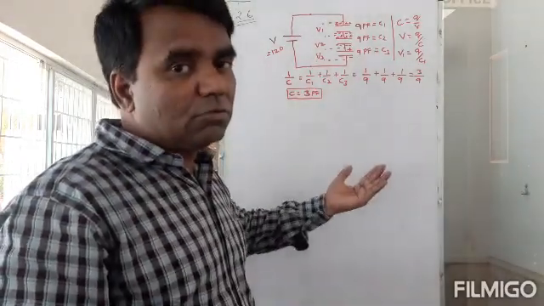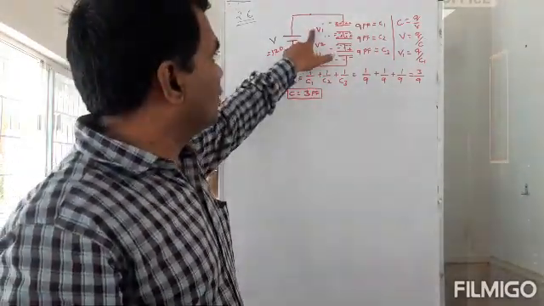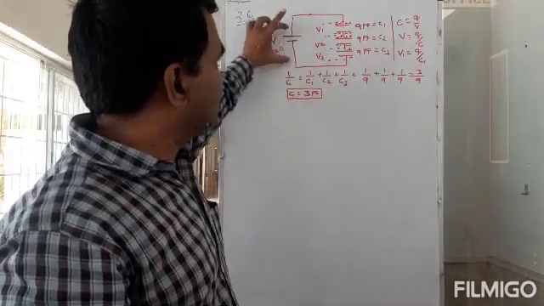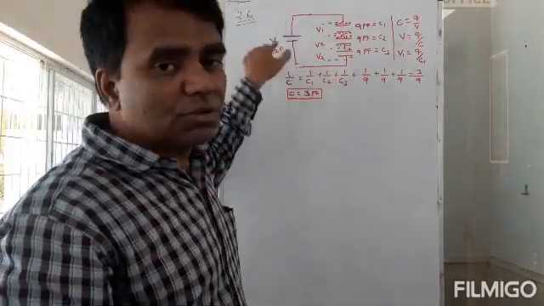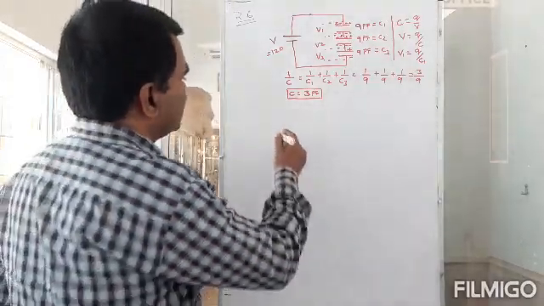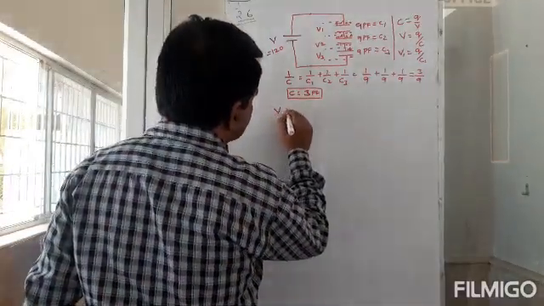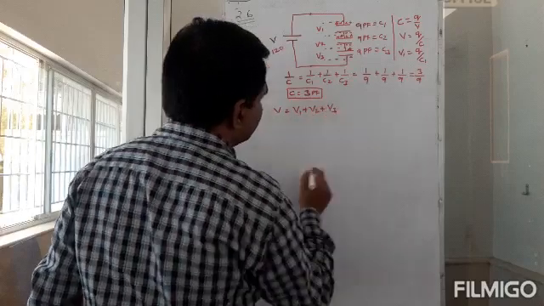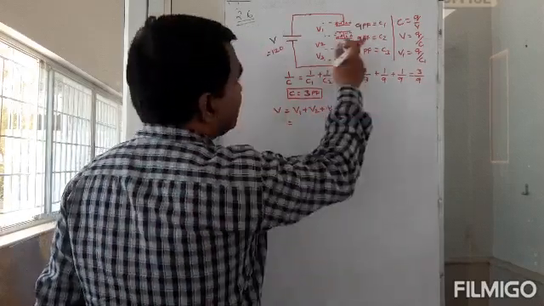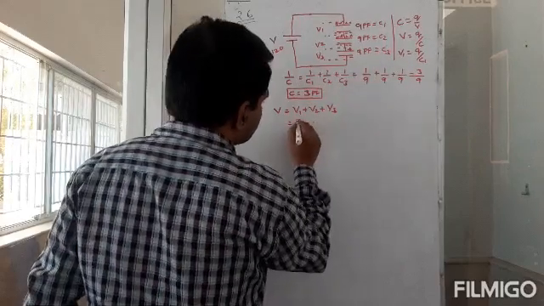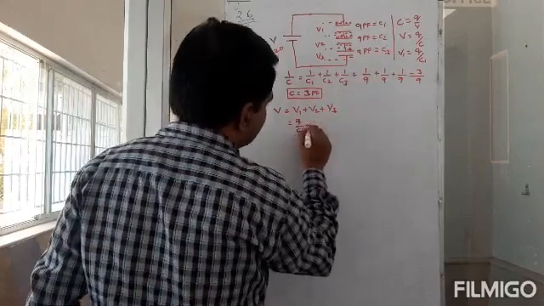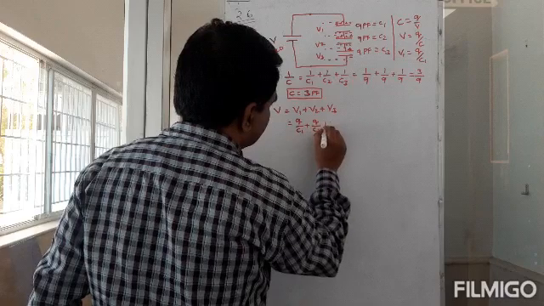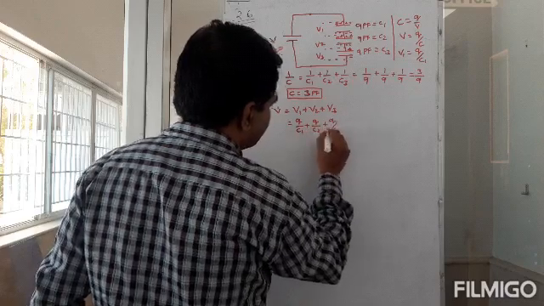And what else do we know? We also know that V1 plus V2 plus V3 must be equal to V in this closed circuit. So V is equal to V1 plus V2 plus V3. V1 is Q by C1, V2 is Q by C2, V3 is Q by C3.